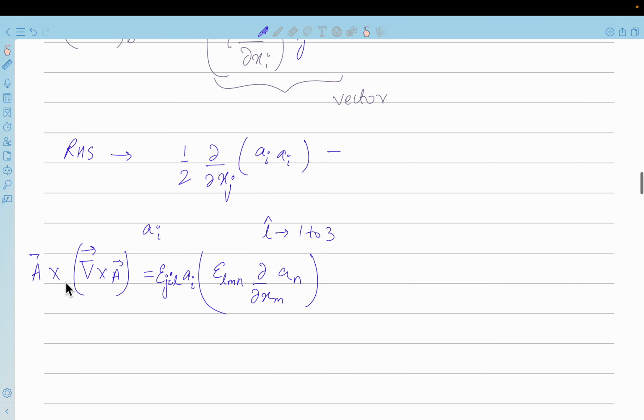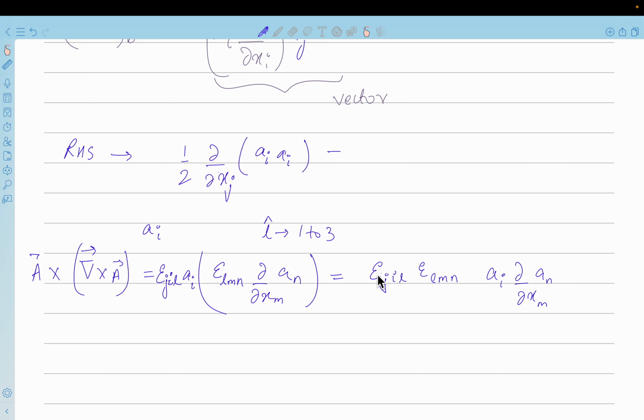Okay, so this is how this term is written. It takes some practice to be able to write these terms in the Einstein notation. But once you have done this, there are many properties. You can just simply rewrite this and take epsilon JIL and epsilon LMN, and then you can combine this AI dou by dou XM AM.